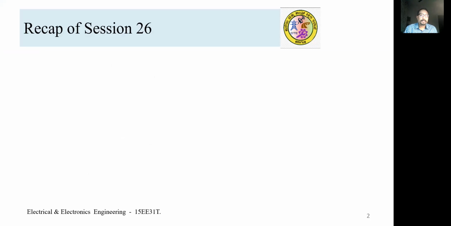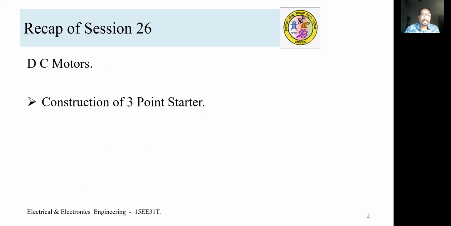Let us recall what we have learned in session number 26. In the previous session, we learned the construction and working of a three-point starter in DC motors.